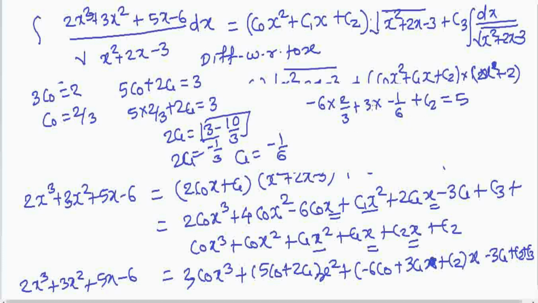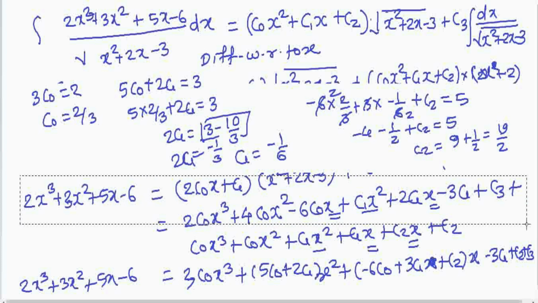Then you can see that this is minus 4, and this is minus 1 by 2, plus c2 equal to 5. c2 equal to 9 plus 1 by 2, equal to 19 divided by 2. First we have got this value.